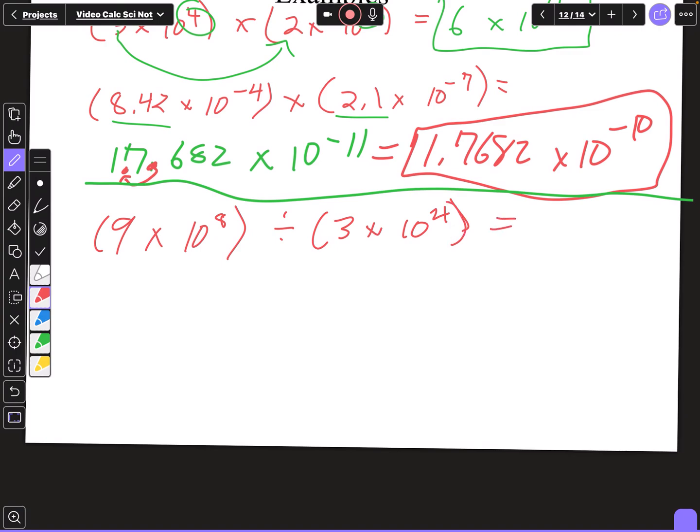Now I'm going to take the 9 and the 3 and divide. 9 divided by 3 is equal to 3. And then my exponents, since I'm dividing in this case, I'm going to subtract the 8 and the 4. 8 minus 4 is 4. And that would be my correct answer.